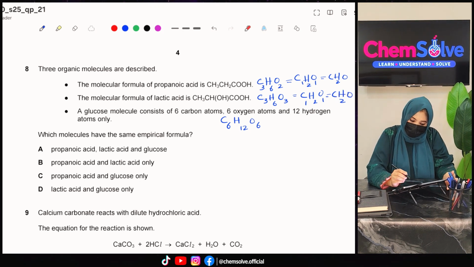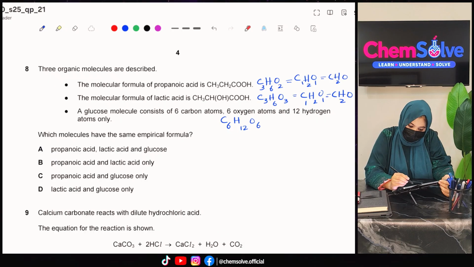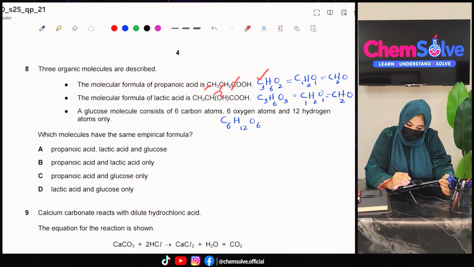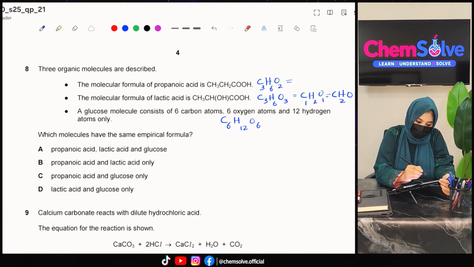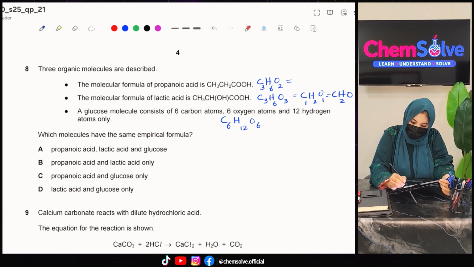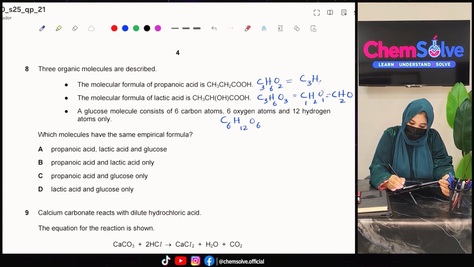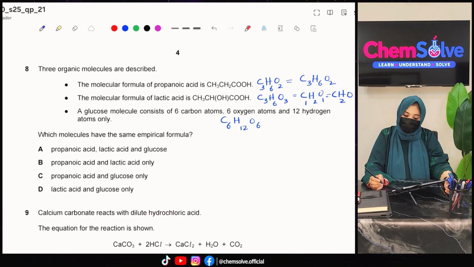Let me recheck it again. For the first one, how many carbons? 1, 2, 3 carbons. Hydrogens are 6, and of course oxygens are 2. So its empirical formula couldn't be this one. This would be the same, C3H6O2, because we cannot simplify 2.